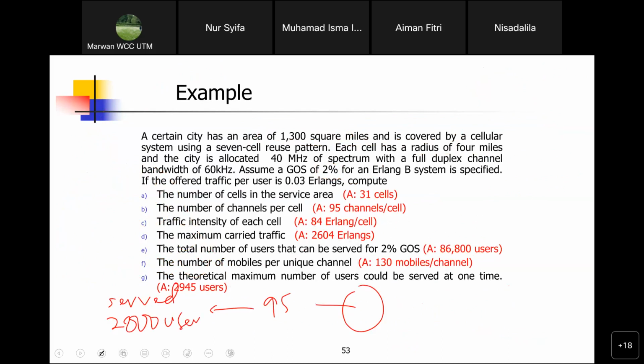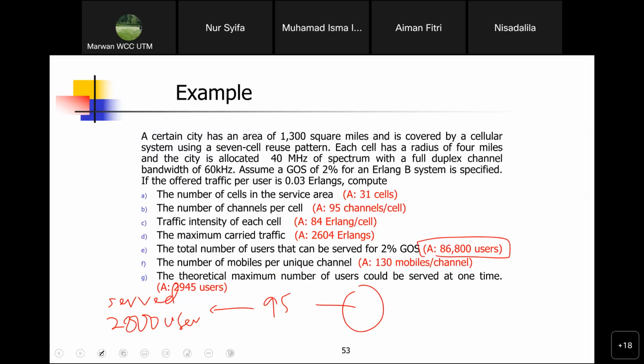Okay, you can get 2,800 users per cell. So that's why 2,800 users multiplied by 31 cells, you get 86,800 users altogether. Within these 31 cells, you can serve 86,800 users.